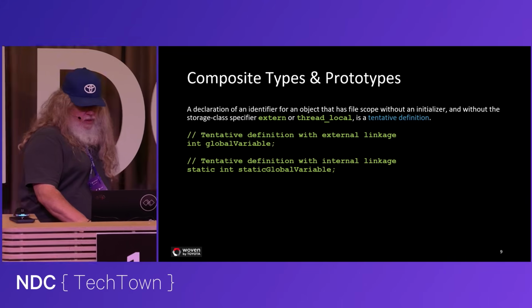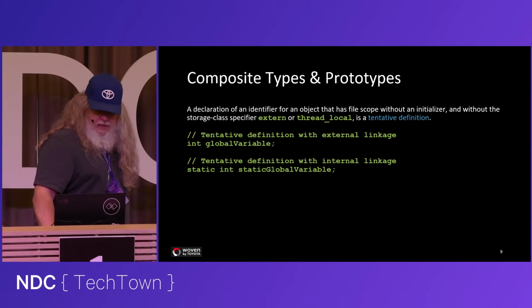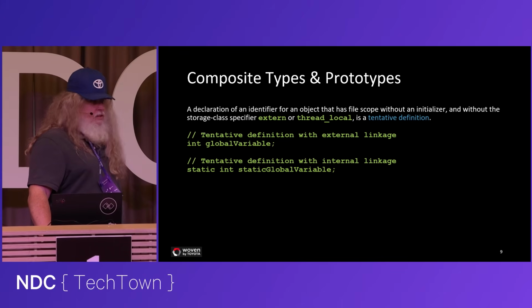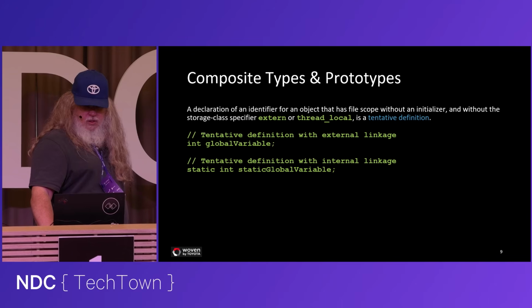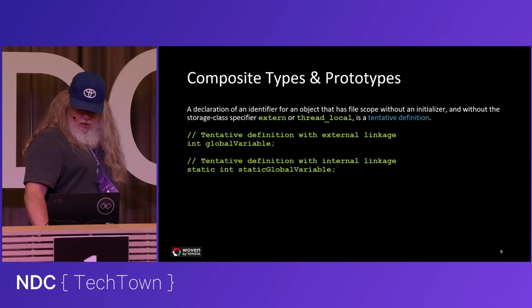So in file scope, you could say int global variable. That's a tentative definition with external linkage. Or we could say static int static global variable. Now we have a tentative definition with internal linkage.